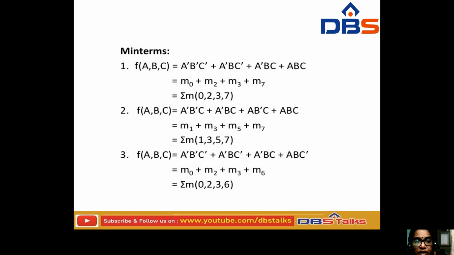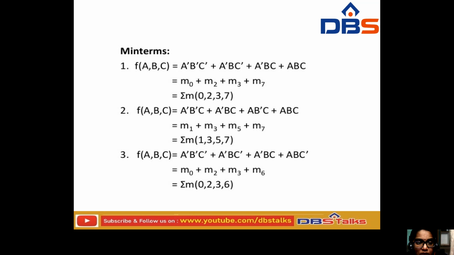If we have the minterms M0, M2, M3 and M7, the variables are 0, 2, 3, 7. If we observe sigma, then obviously it is the sum operation.